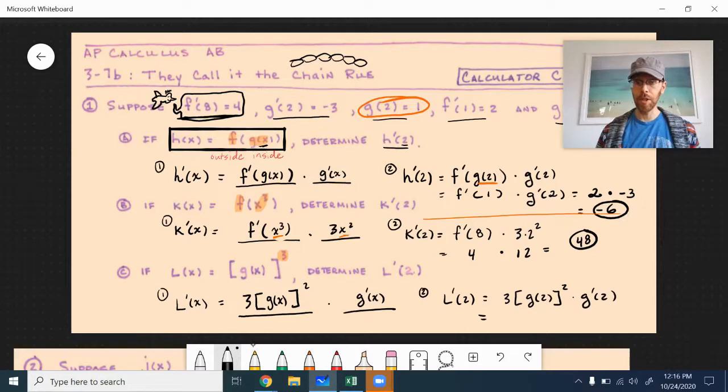Then you plugged in a 2, which left us with 3 times g of 2 is 1 squared times g prime of 2 is -3. We get -9.